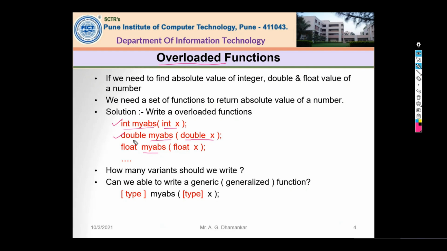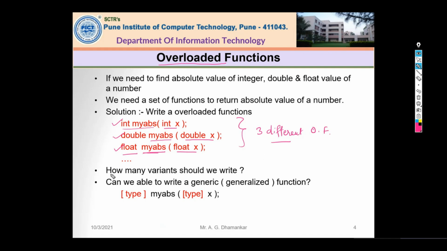It will be written double myAbs, the same name, which takes the argument x of type double. And the third one, we will overload with the same function name, which takes a float value and will return a float value again. So we have to write three different functions, three different overloaded functions, I will say.